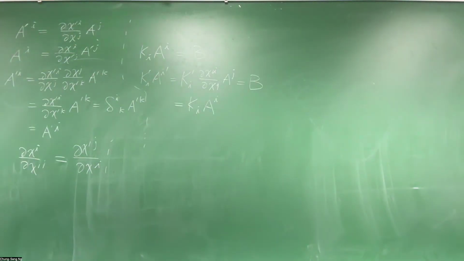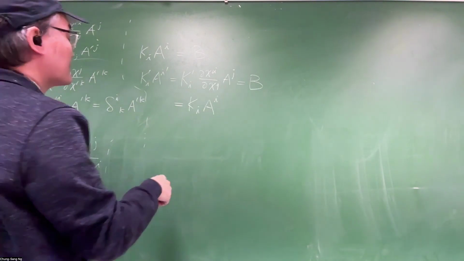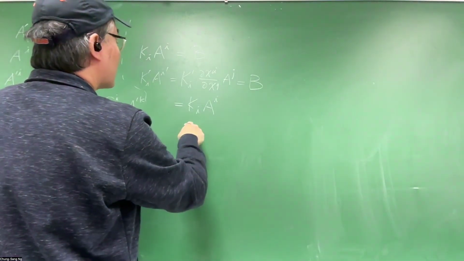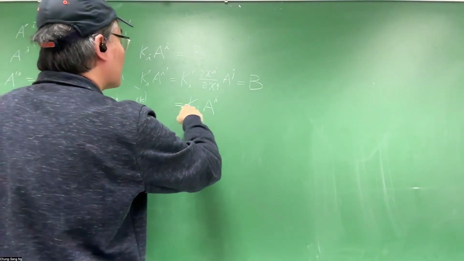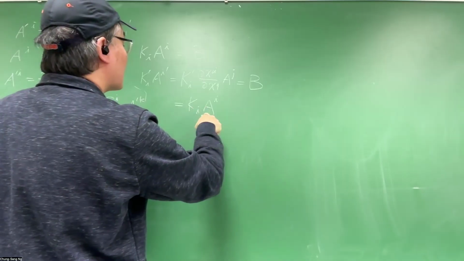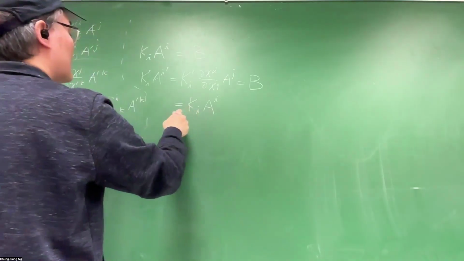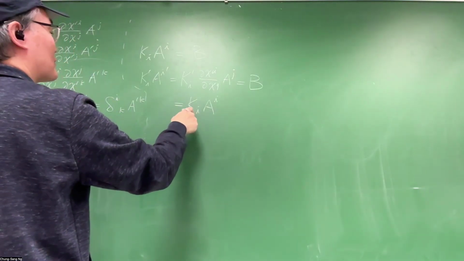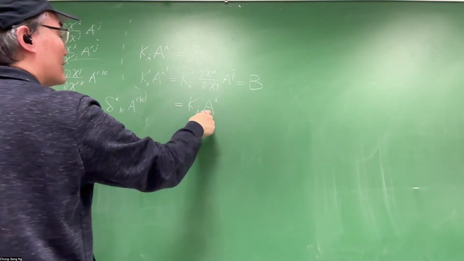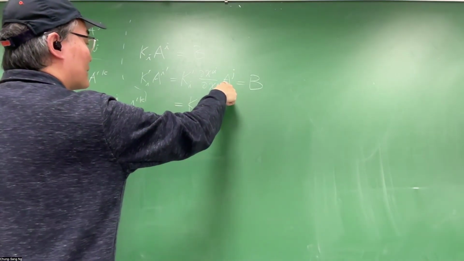And now you know the transformation of k_i. How you transform this to that is because the others are the same.